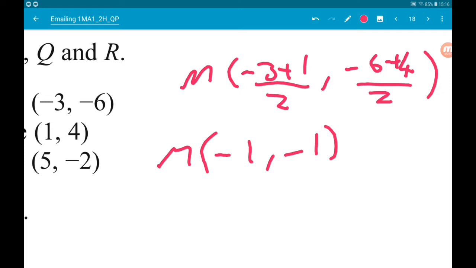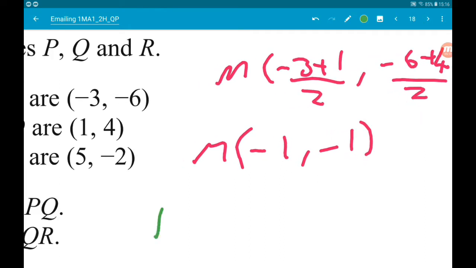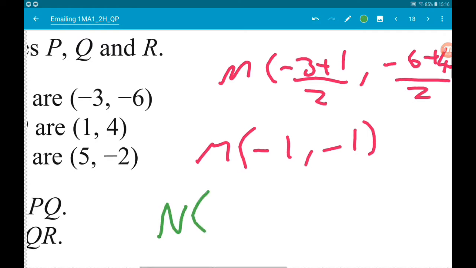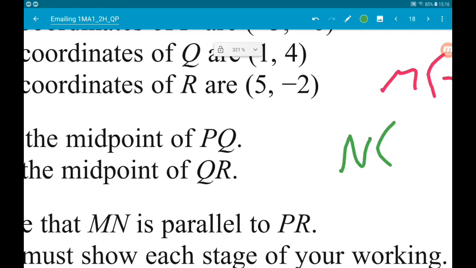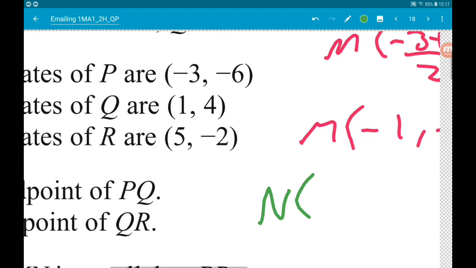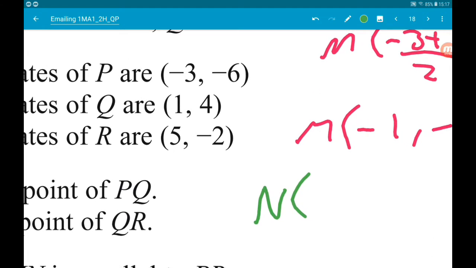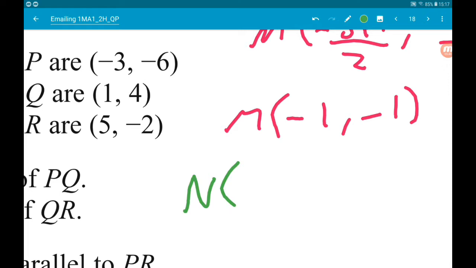Now we need to do that for N as well. So N is the midpoint of QR. So the x coordinate is 1 add 5 over 2.